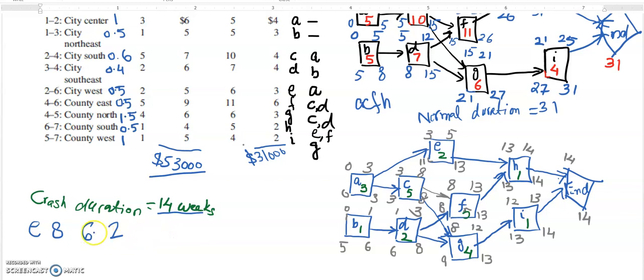So that means we increase its duration from the current position by 4 days, and for each day there is a saving of 0.5. For each week there is a saving of $0.5 thousand.